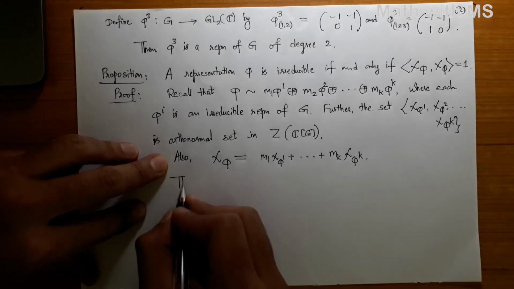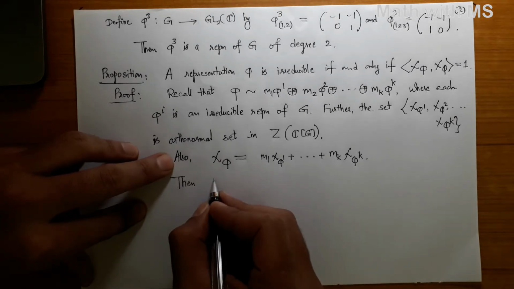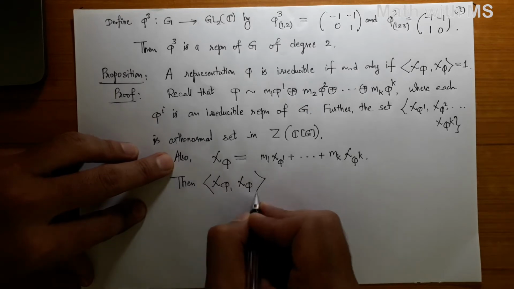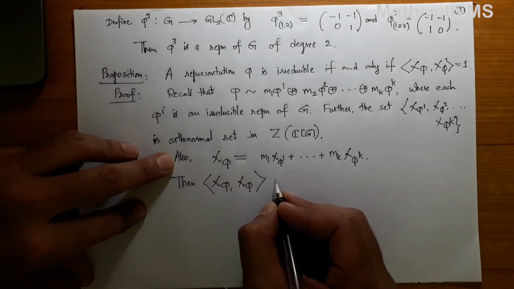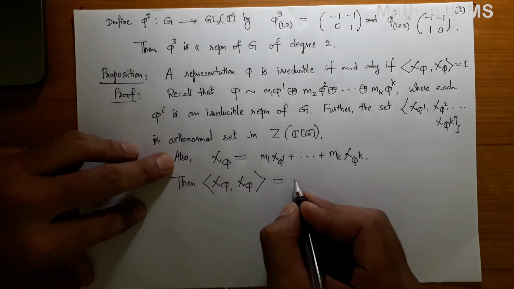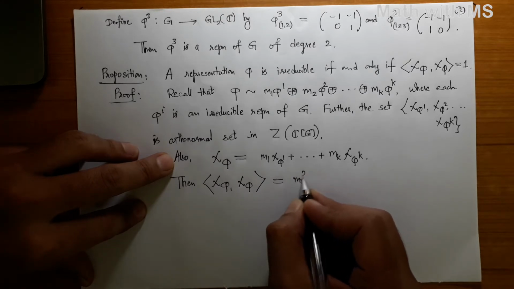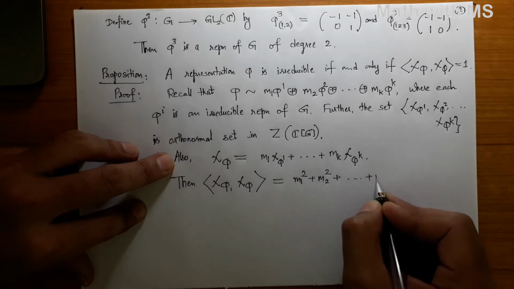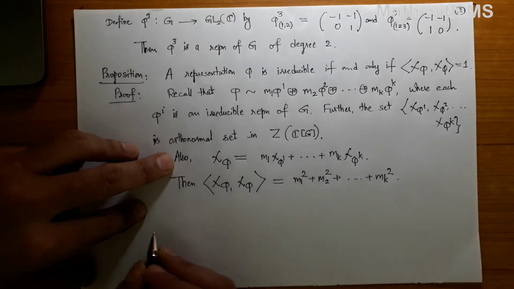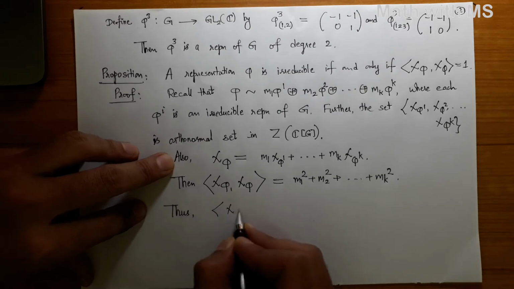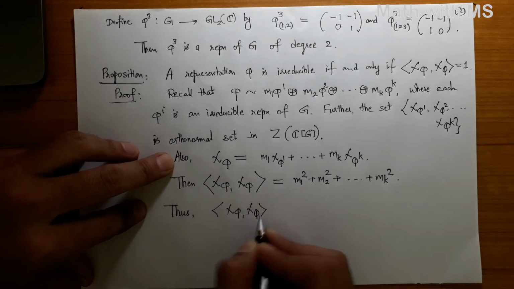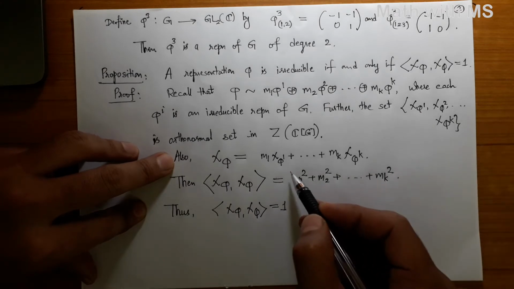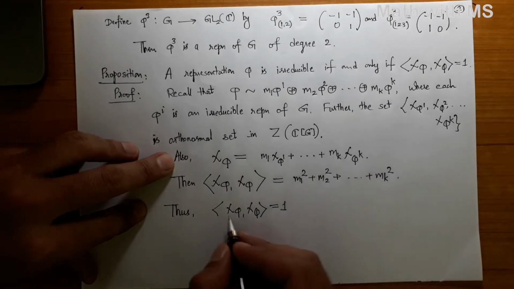So if we take the inner product of chi phi with chi of phi, it turns out that this is just the same as m1 square plus m2 square plus so on plus mk square. Thus chi phi, this inner product is 1, where each mi is a multiplicity, so it's a non-negative integer.